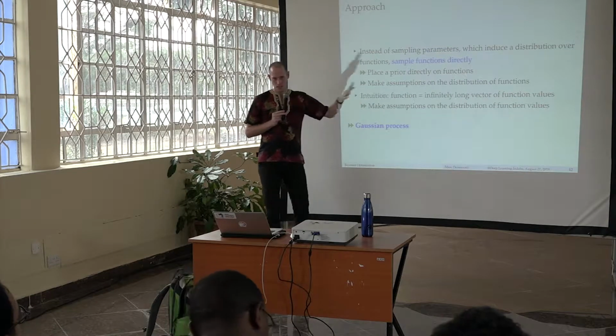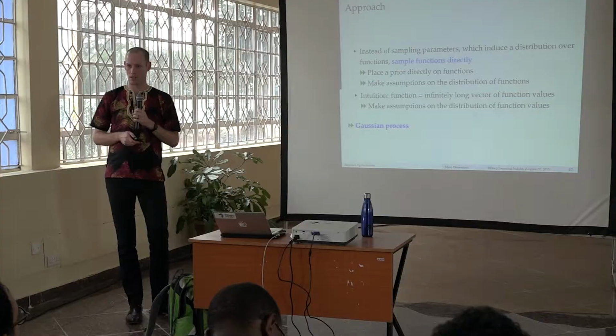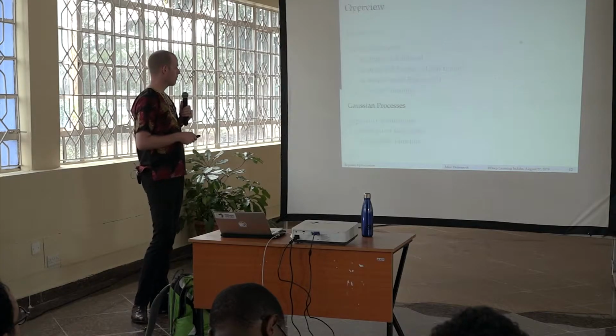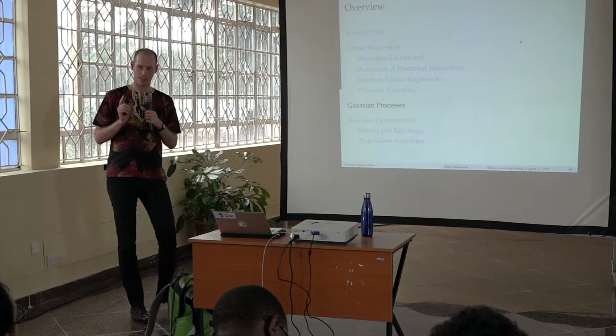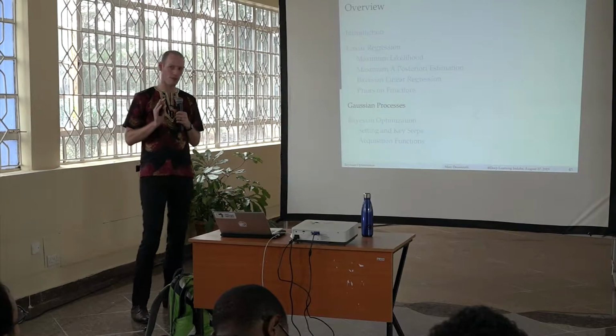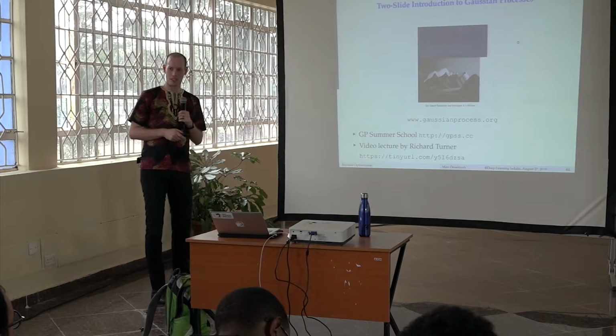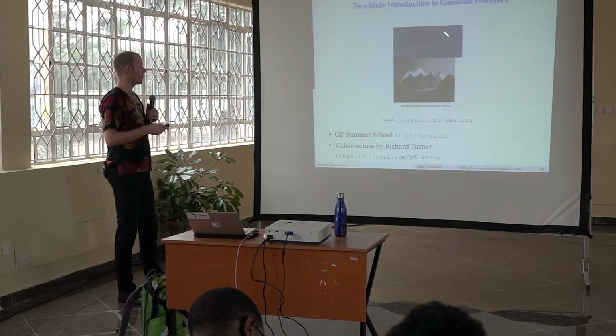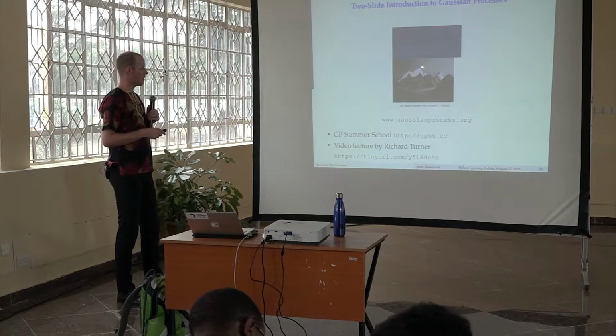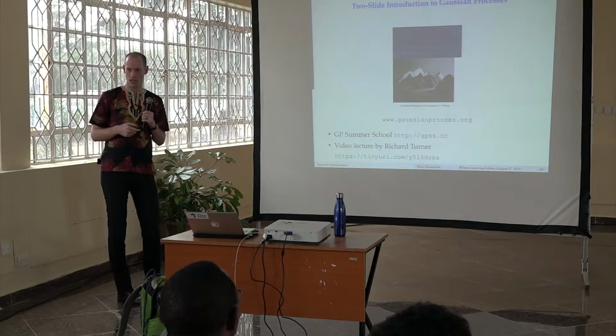So the Gaussian process is a distribution over functions with infinitely many basis functions. I'm going to give you a 2-slide introduction to Gaussian processes with almost no equations. If you want to read more, there is the book Gaussian Processes for Machine Learning, which you can also download as a PDF.